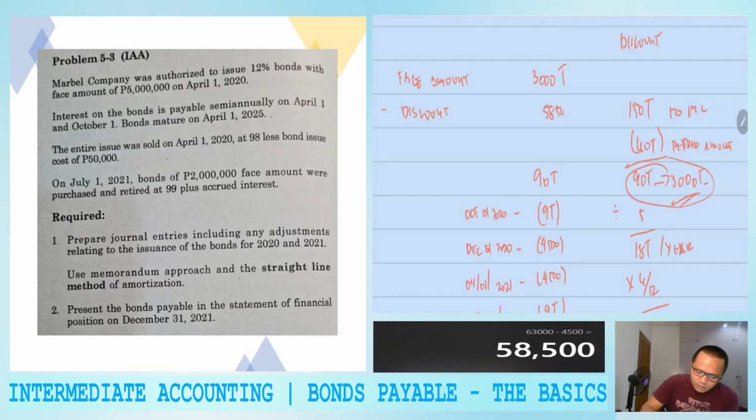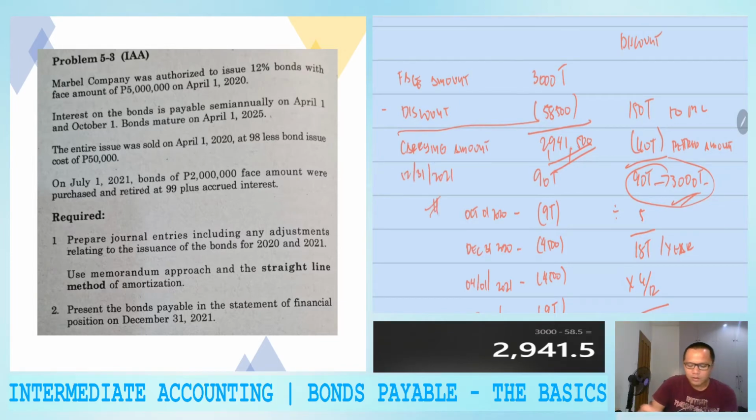So, 3 million minus 58.5, we have 2,941,500. This is your carrying amount on December 31, 2021. Okay?